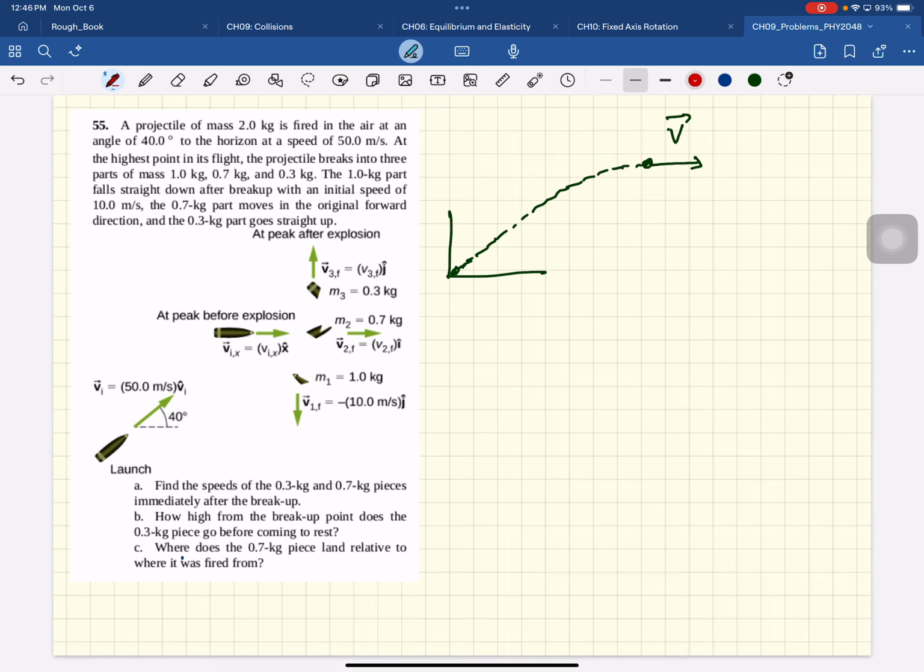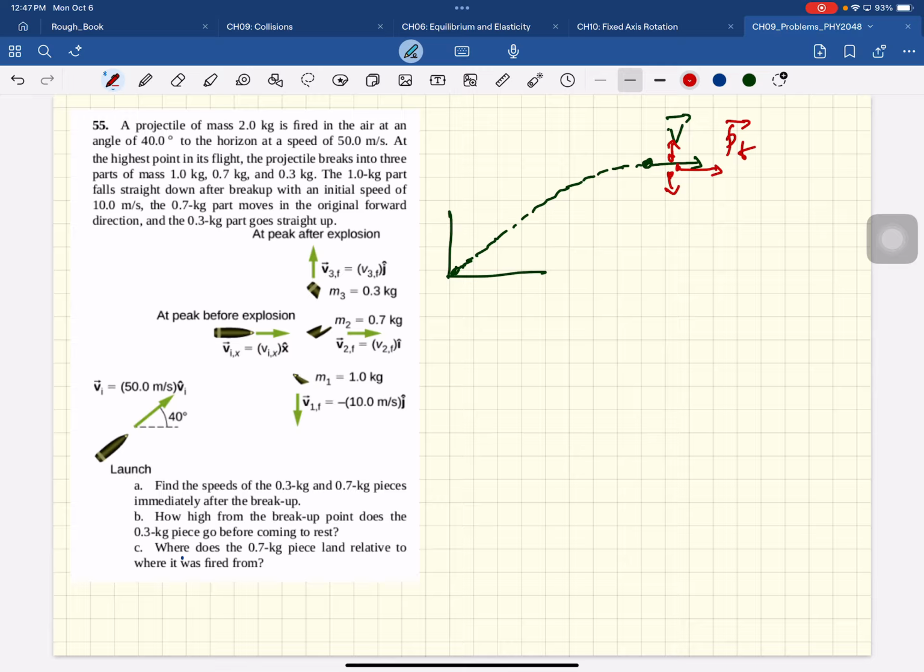And then it breaks up into three parts. 1, 2, and 3. So right after breakup, what is the momentum? Total momentum before and after should be equal, right?